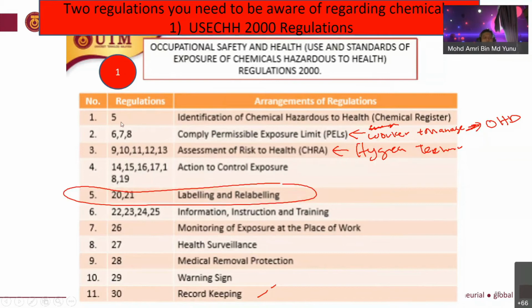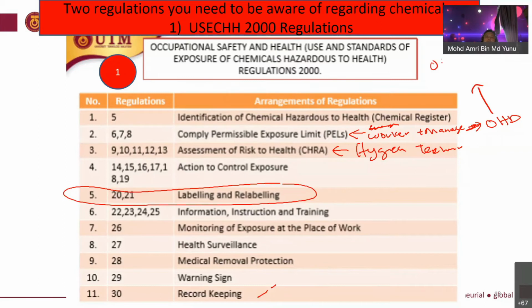There are parts of the regulation, like for example identification of chemicals, chemical register, and how to comply with the exposure limit. So, who performs the medical surveillance? There is a person called OSHD.